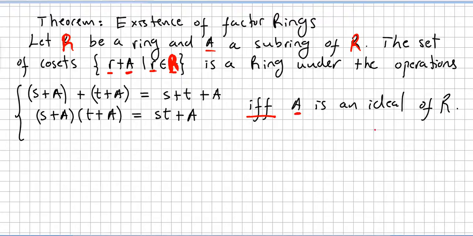So if this A, this subring of the ring, is an ideal, the set of these cosets will be a ring under these operations. I'm not doing the proof here. It takes some time, but it's really easy.